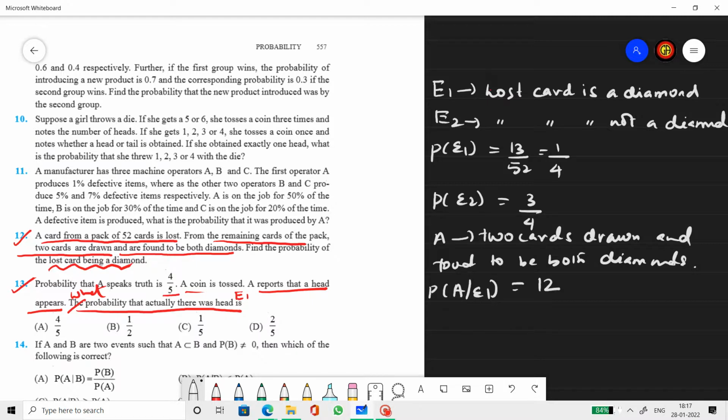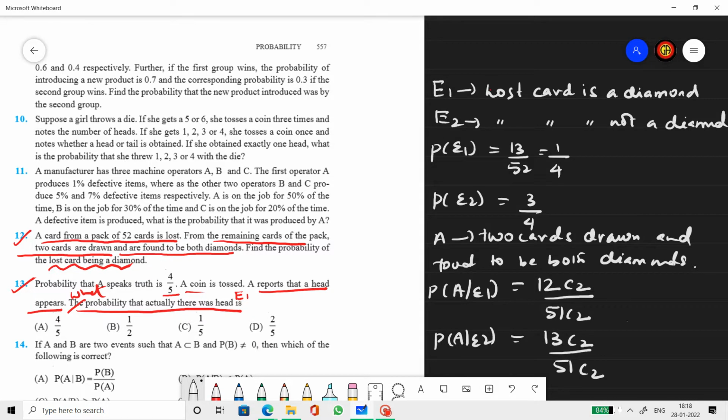So now we have only 12 diamond cards because one is lost. So 12 C2 by 51 C2. And A given E2, which means the first card lost is not a diamond, then you take 2 cards which is a diamond. So 13 C2 by 51 C2.